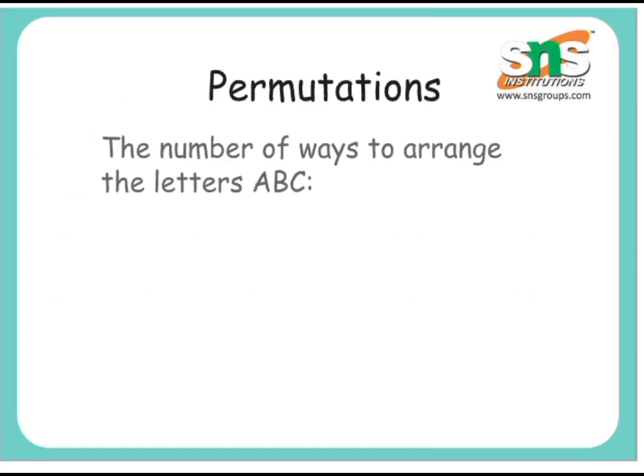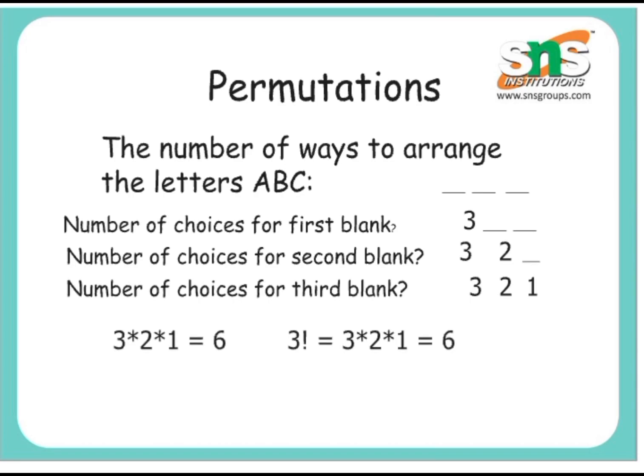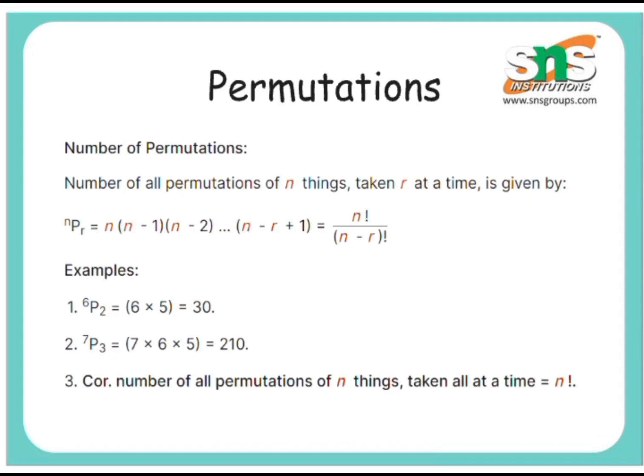The next formula used for permutation will be learned with this following slide. Number of all permutations of n things taken r at a time, that is, when you have n different things and you just pick up r at a time, will be given by this formula nPr, that is equal to n factorial by n minus r factorial.